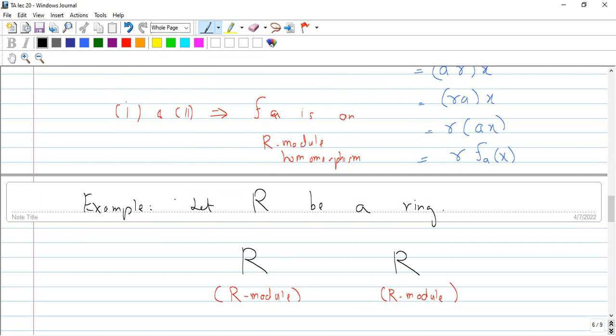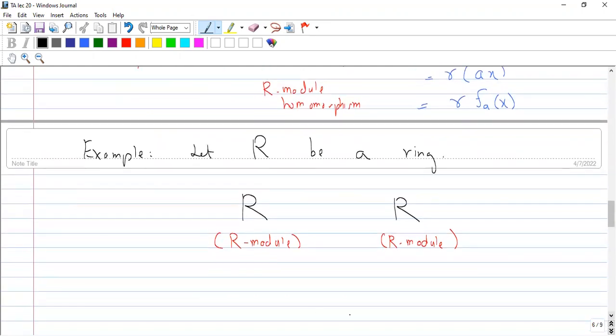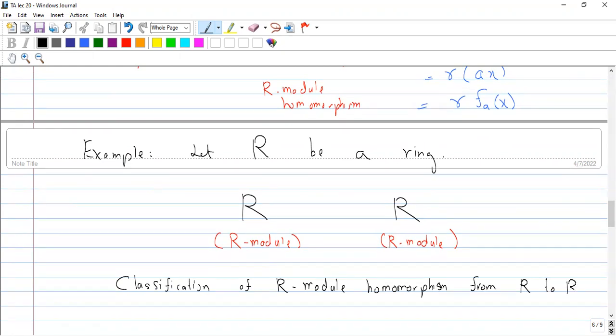Now I want to classify all R-module homomorphisms from R to R. Classification of R-module homomorphisms from R to R.